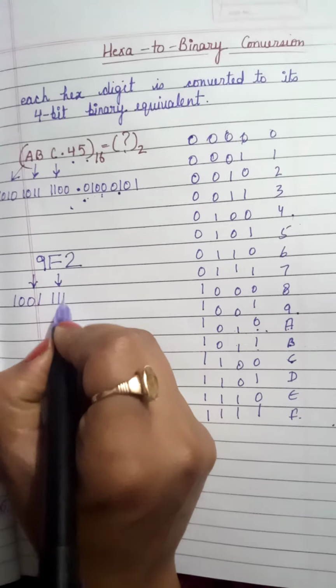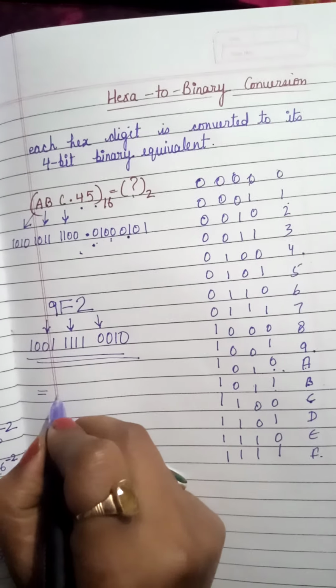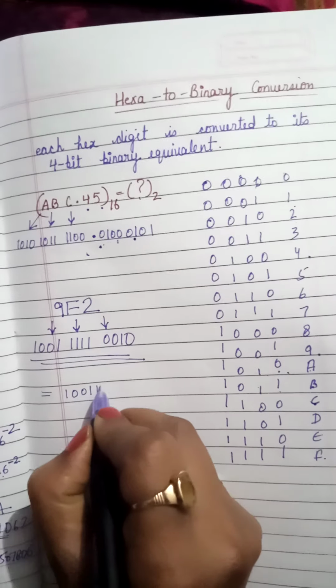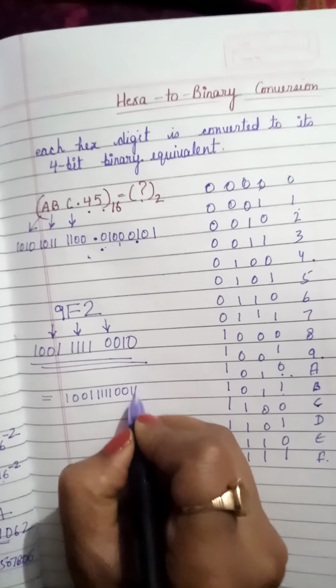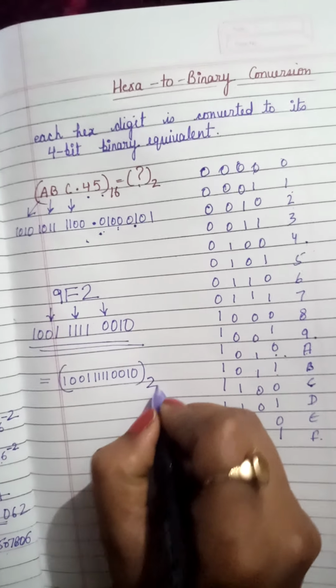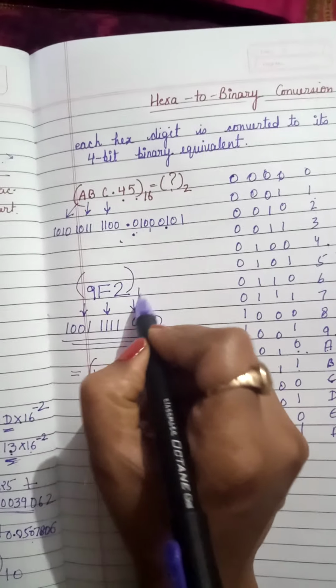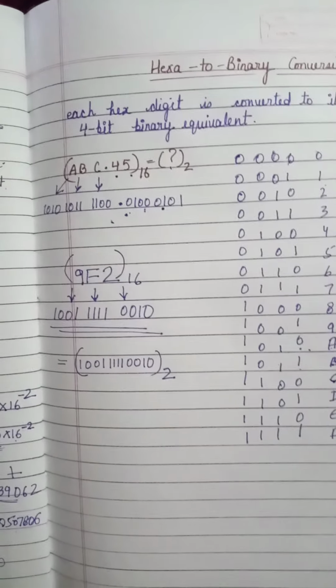Then 2, 0010. You have to write the binary equivalent using 4 bits. So combine all the answers: 1001 1111 0010. This will be the binary equivalent of the hexadecimal number 9F2.